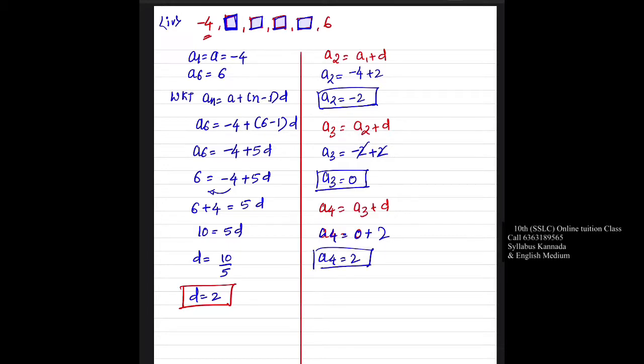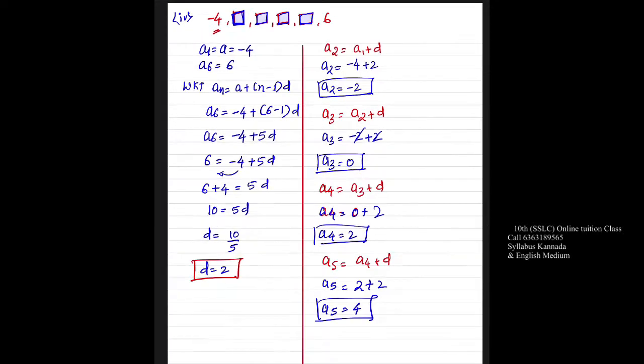Similarly a5 is equals to a4 plus d. a4 is 2, common difference is 2, a5 is equals to 4. Okay, so this is your answer. You can look at this series.